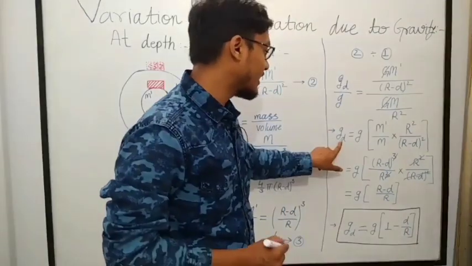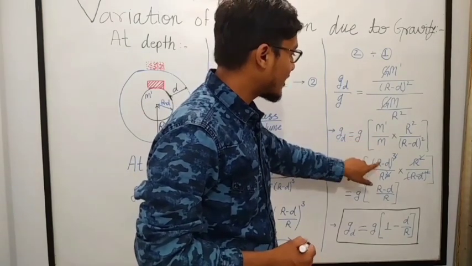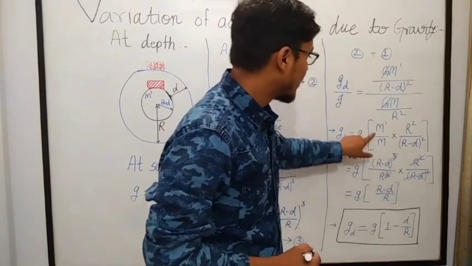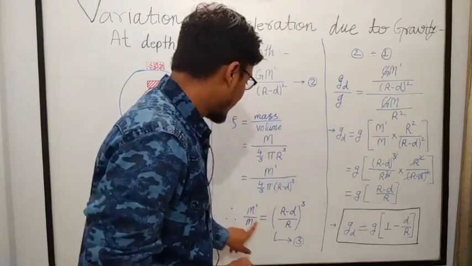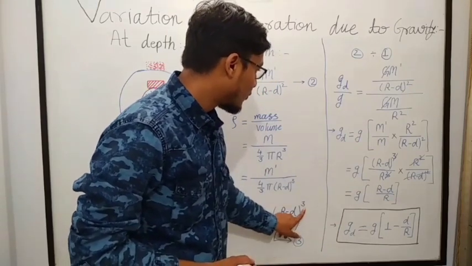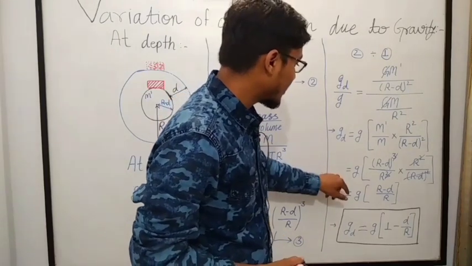So in the next step, g_d is equal to g multiplied by m dash by m into r square by (r minus d) square. From equation 3 we have the ratio of m dash by m as (r minus d) by r whole cube. That means we will put our expression 3 in the next step.